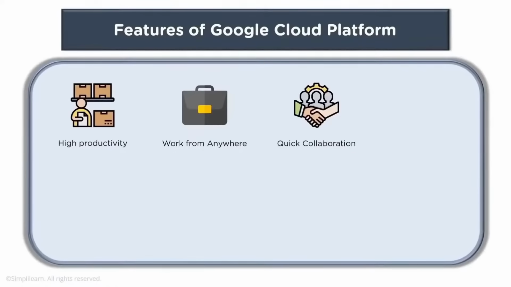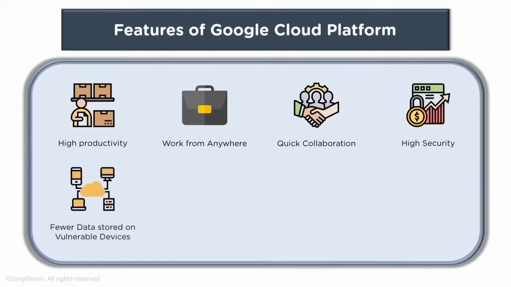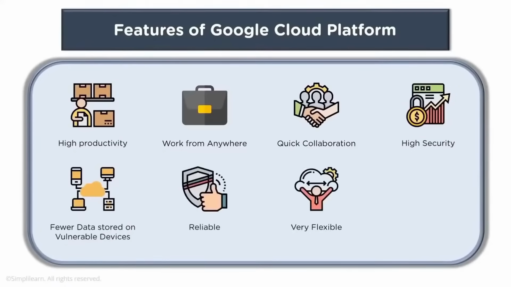You are benefiting from high security and different encryption and security mechanisms which GCP offers. Now, there is less data stored on vulnerable devices. There is high reliability, flexibility, and scalability, which GCP offers, and the cost effectiveness really makes it a good choice when you want to benefit from infrastructure modernization and using a cloud platform solution for your use case.